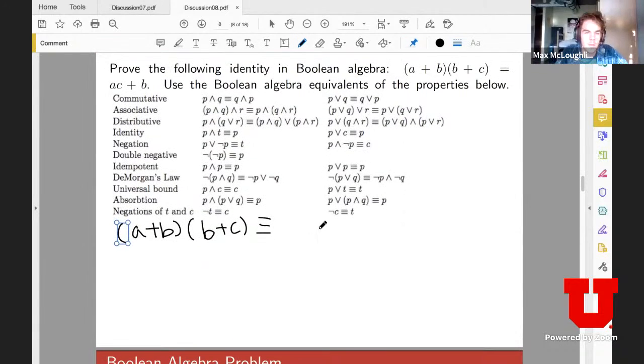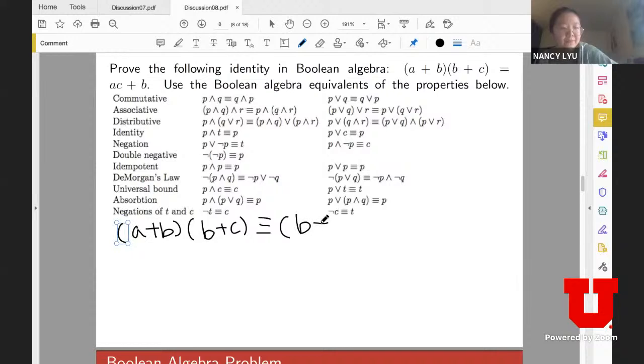Probably start with the commutative property. Yes, we can use the commutative first. On which two? I changed the first parenthesis to be B plus A, dot, B plus C. And what would you want to do starting from here?